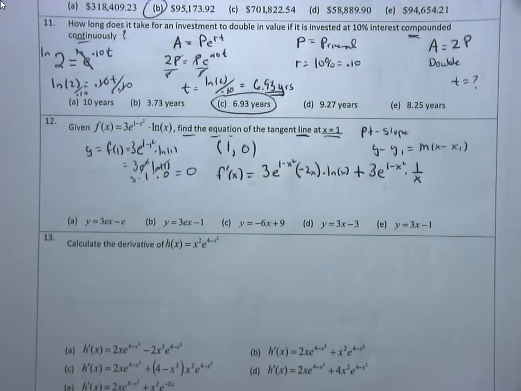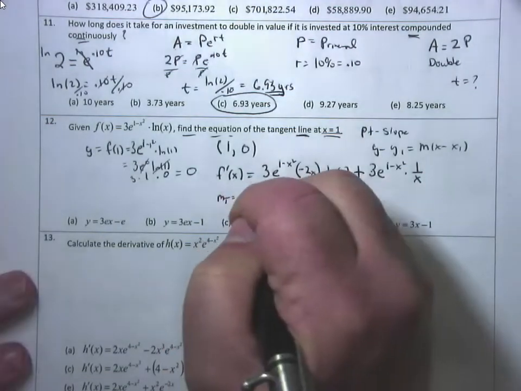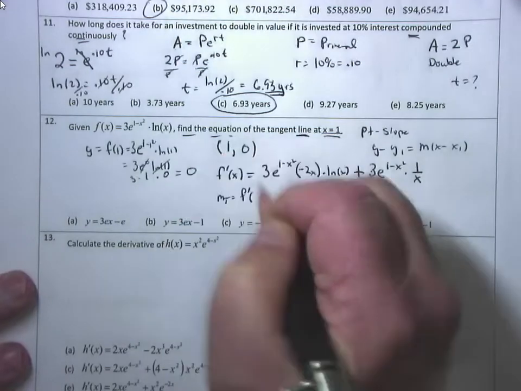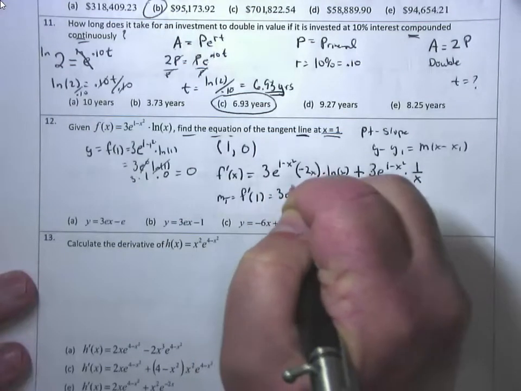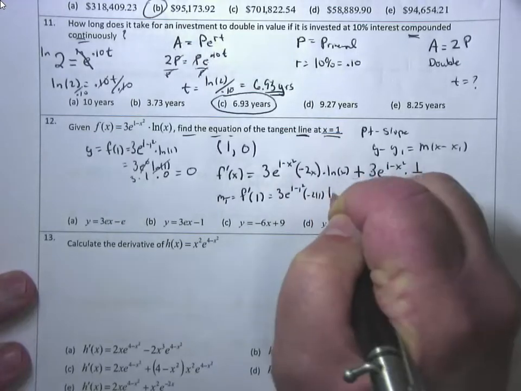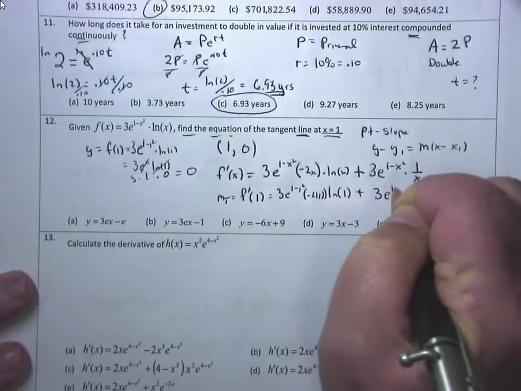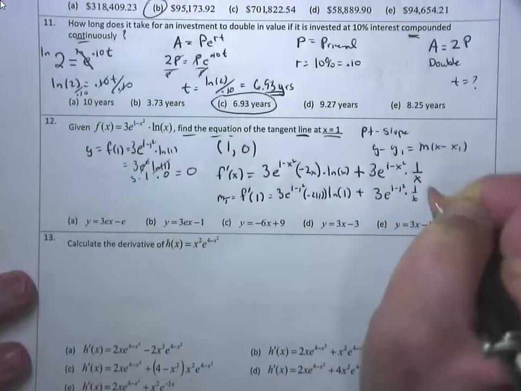But that's not my slope of the tangent line. That is a formula for the slope of the tangent line. The slope of the tangent line is going to be f prime evaluated at your x point, which is 1. This will be 3e to the 1 minus 1 squared times negative 2 times 1 times the natural log of 1, plus 3e to the 1 minus 1 squared times 1 over 1.